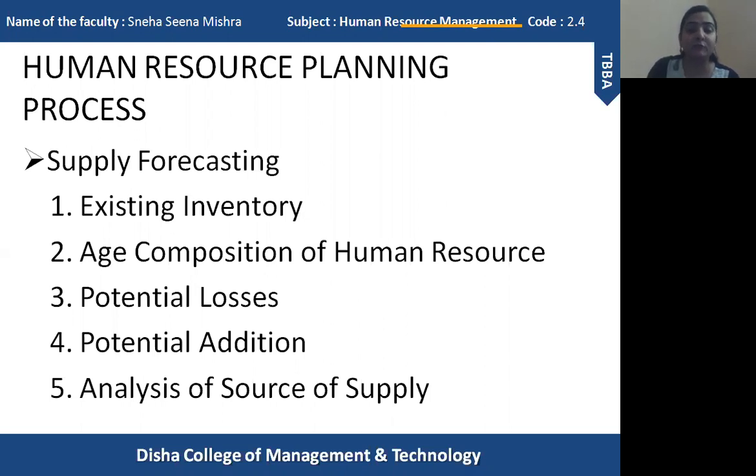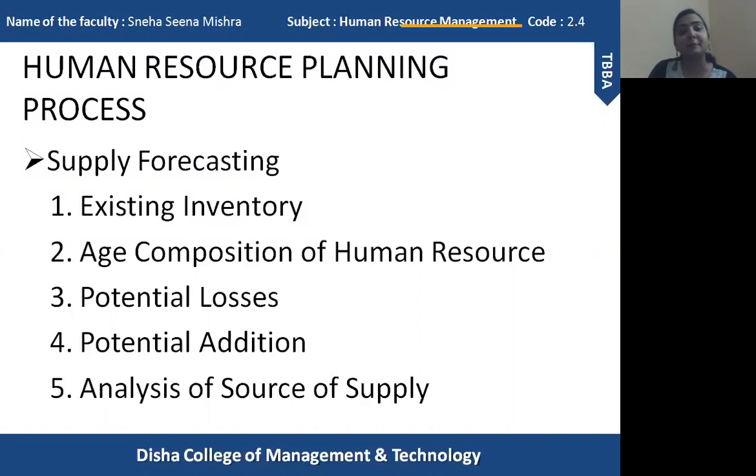We have to find out how many people are working in the entire organization, and then how many are working in each and every department, in each and every section of the organization. So it simply means that we need to find out the existing inventory on the basis of unit, on the basis of department, as well as on the basis of designation.